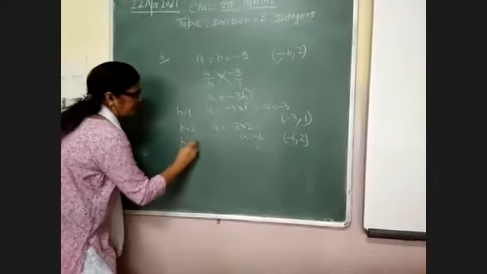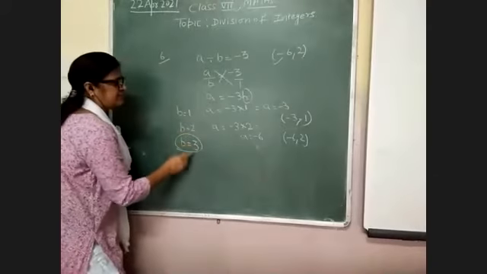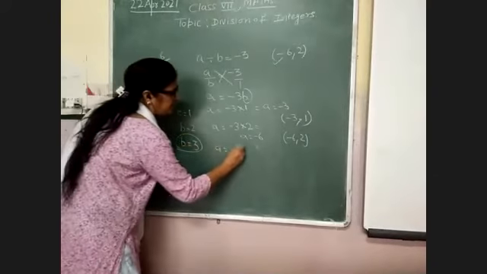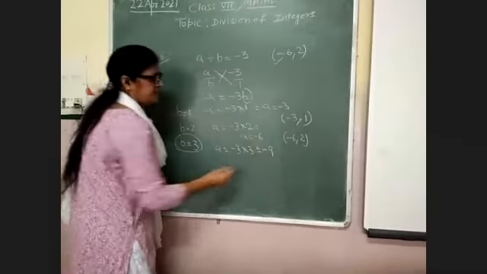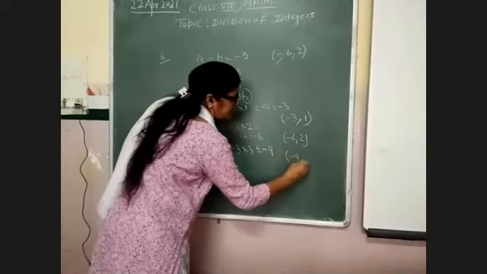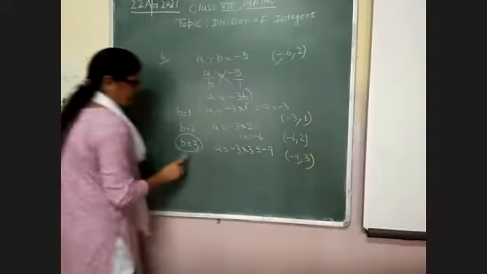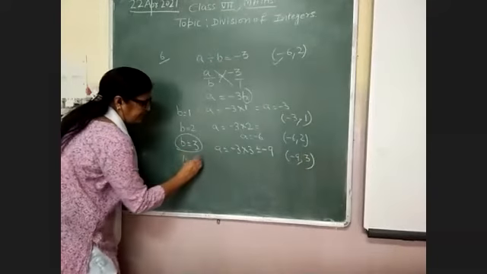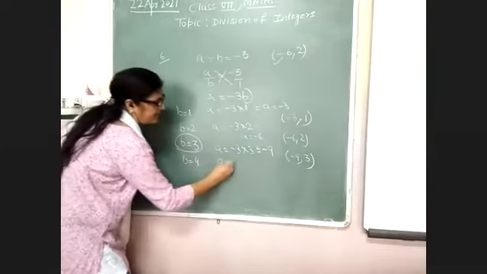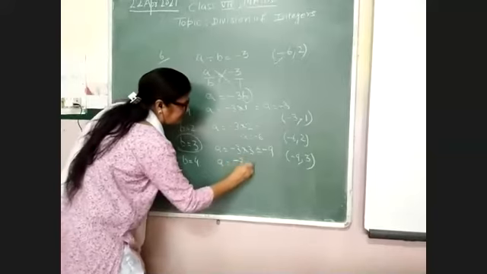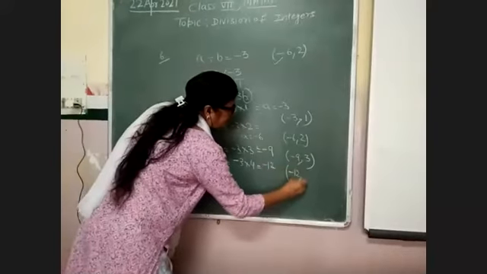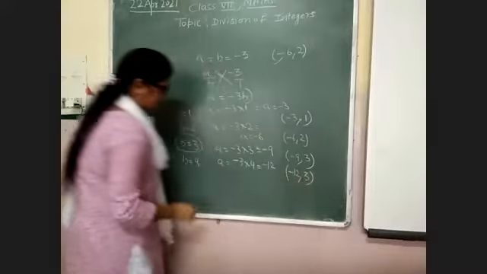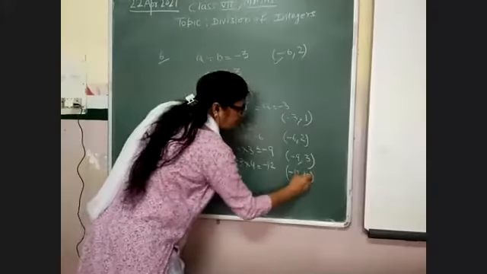Now when you take B equal to 3, then A equal to -3 into 3, equal to -9. So the third pair is -9, comma 3. When you take B equal to 4, then A equal to -3 into 4, that is equal to -12. Then your fourth pair is -12 and B is 4.